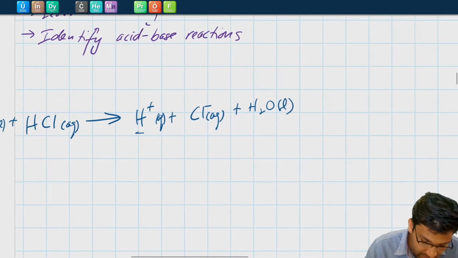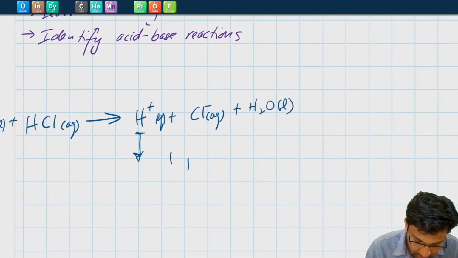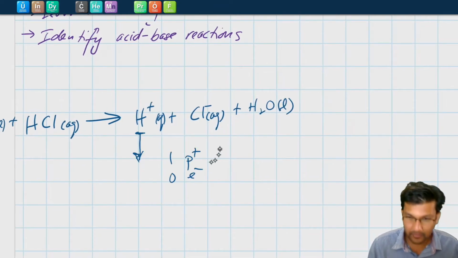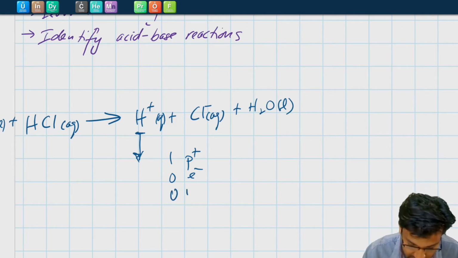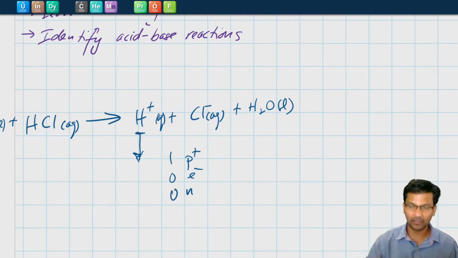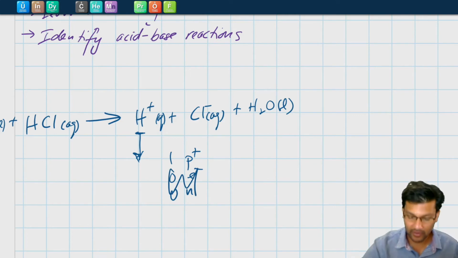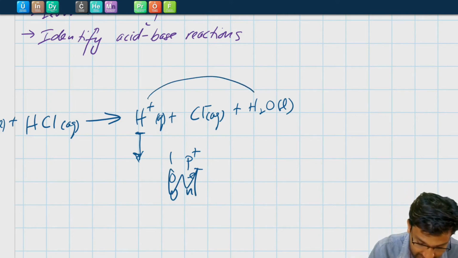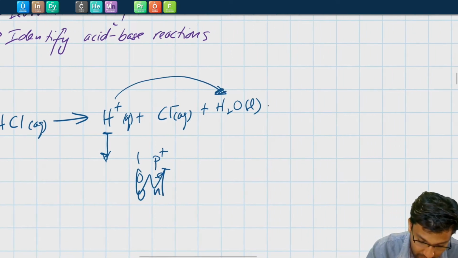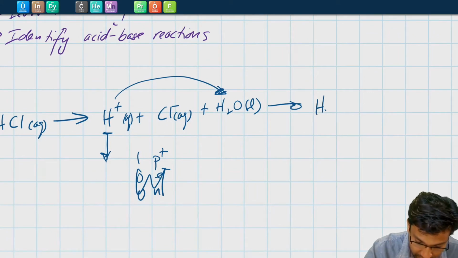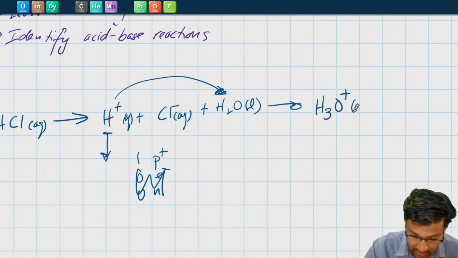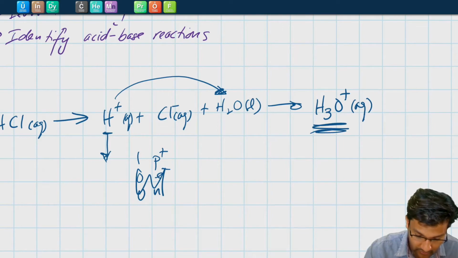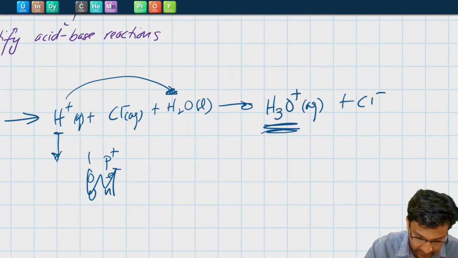And because H plus has 1 proton, 0 electrons, and typically 0 neutrons, it's difficult for just a single proton to be floating around in water. So this proton will attach itself to a water molecule, and what we'll end up having is this H3O plus compound, and then Cl minus left over as well.